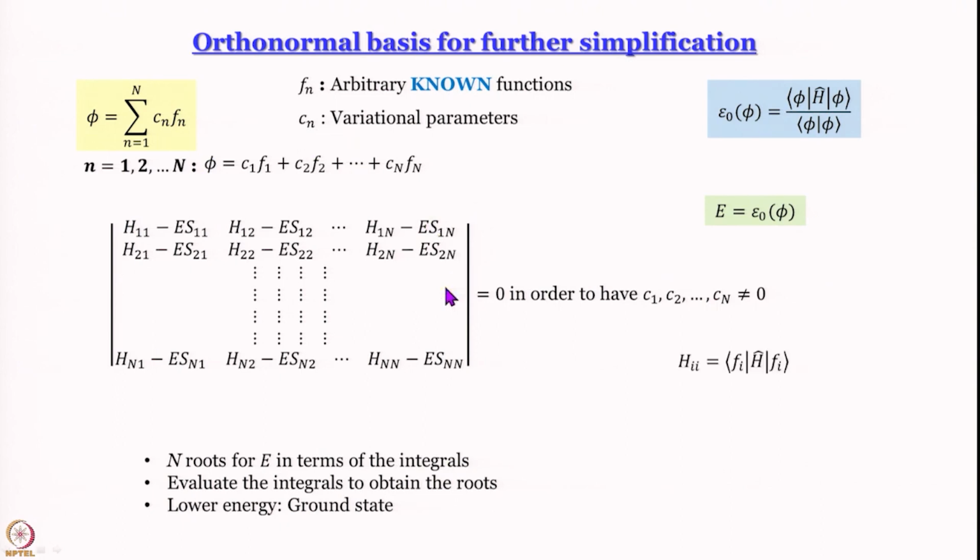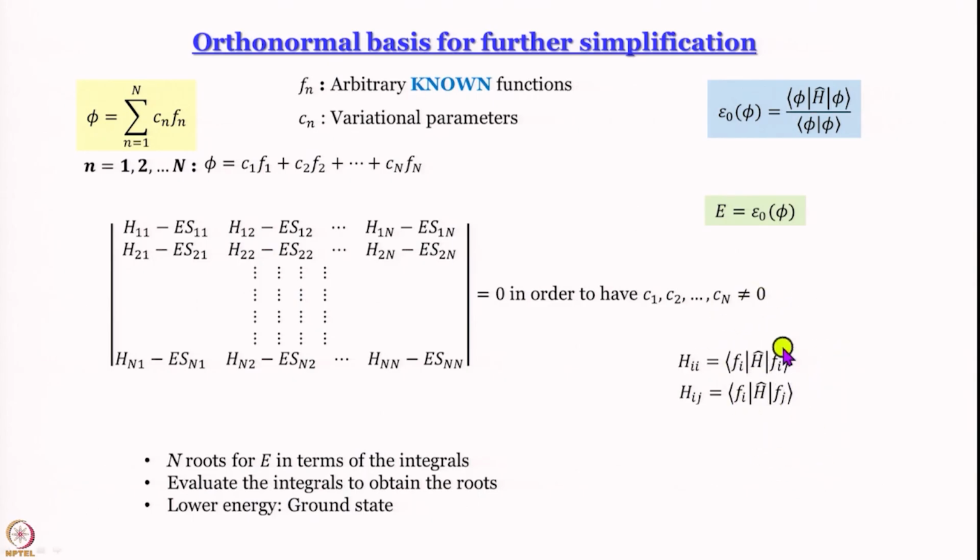Does it help? Well, as you can see, what do we work with? We work with these Hij, and I have not written S. Similarly, I can write Sii and Sij. So here, first of all, if I use eigenfunctions of the Hamiltonian, and if I choose such eigenfunctions that form an orthonormal set, basis means this is the set of functions on which I am doing all my calculations, this is the basis set.